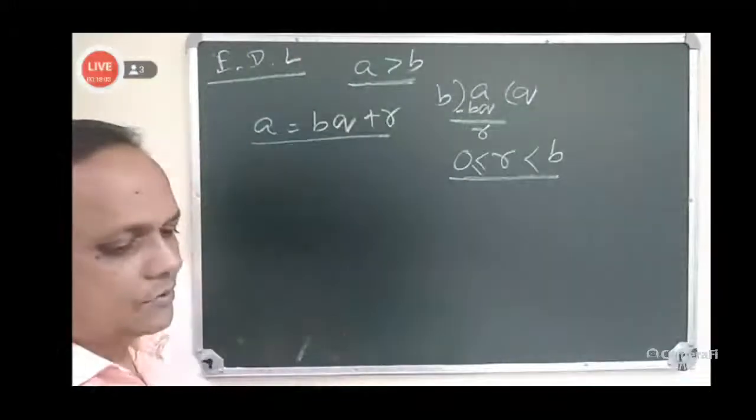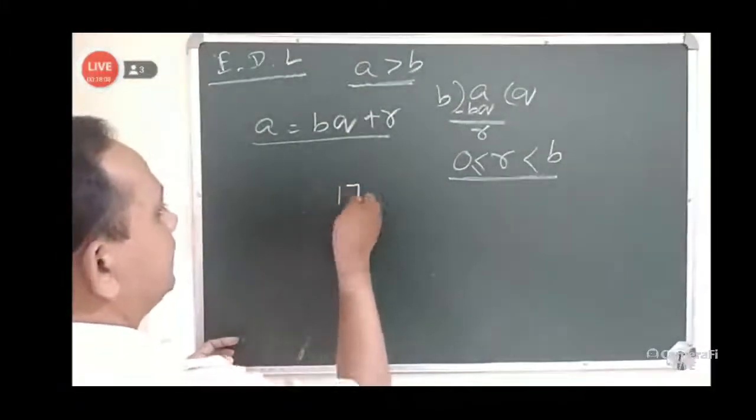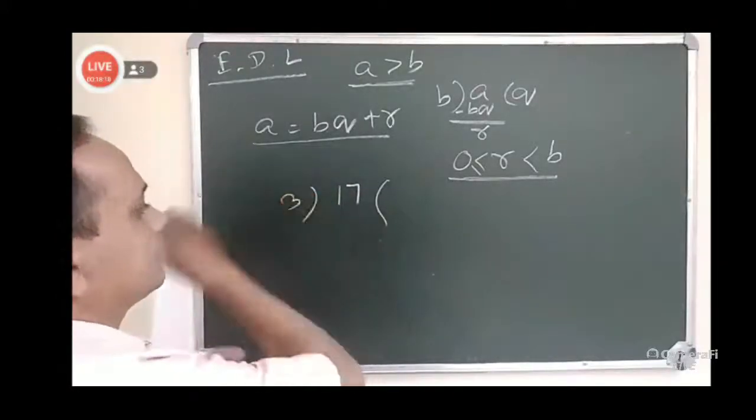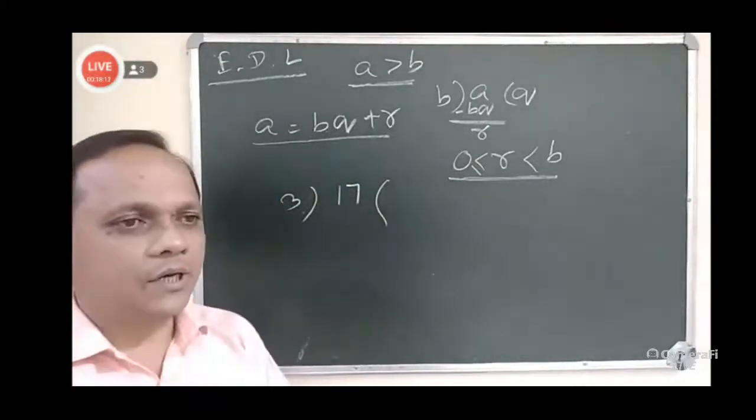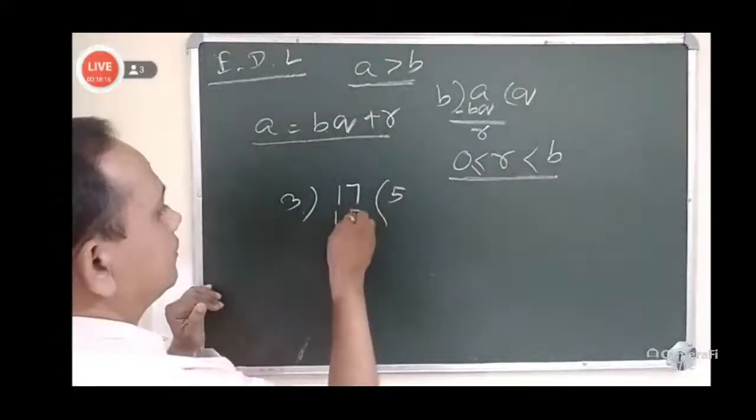Suppose in the division process we have to divide two numbers, for example 17 divided by 3. 3 fives are 15.